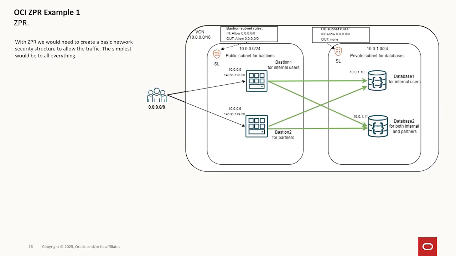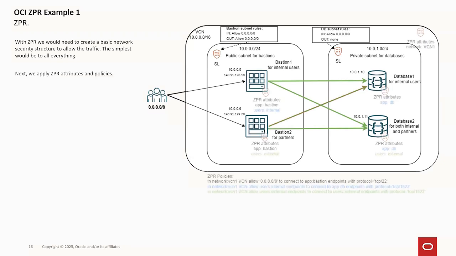And that's actually interesting because we can achieve zero trust with a fully wide open network. You don't really have to do that. You can be a little more restrictive on the network when you implement Zipper. But for the sake of the argument, let's say we fully open the network. You see, we have security lists which are applied to the subnet, and we have allow everything.